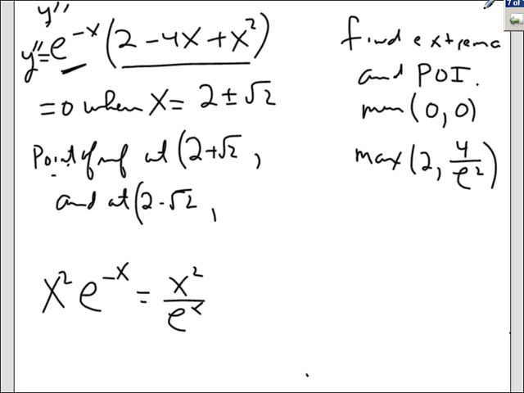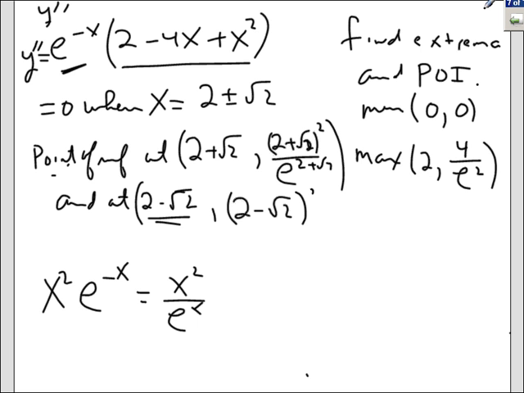So it's 2 plus square root of 2 squared over e to the x, 2 plus square root of 2. That's one point. The other point is x squared over e to the x at the other x value. Those are the 2 points of inflection.